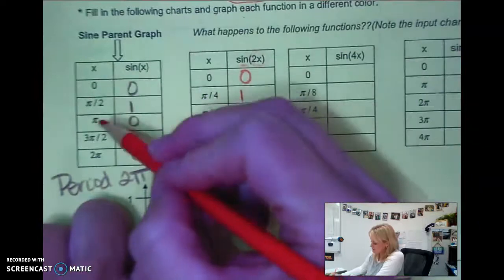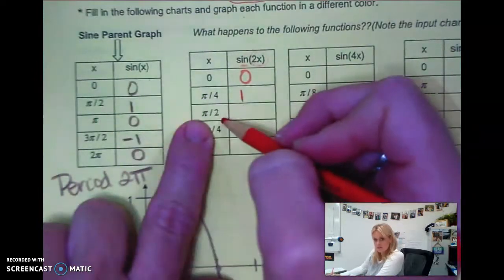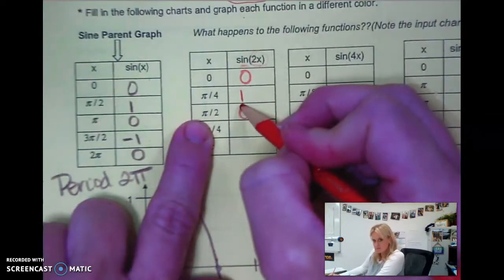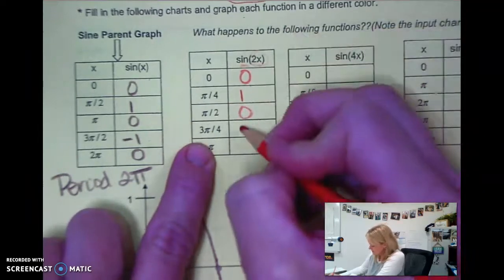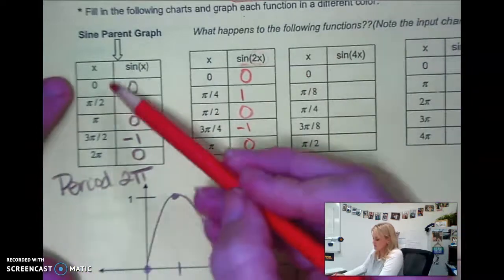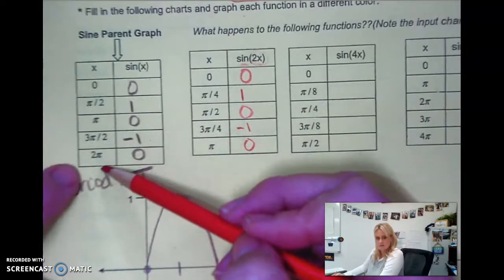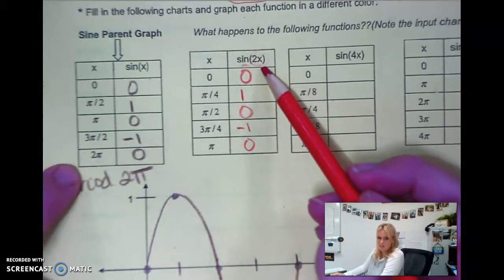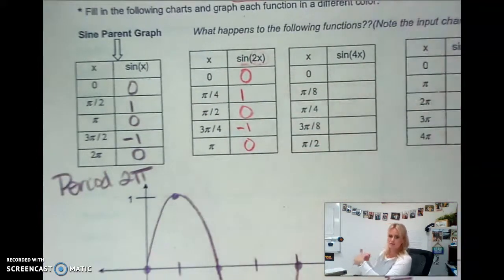How do I cut pi in half? Half a pi. We're back to 0, negative 1, and 0. So it's like taking all of our sine parent x's and we're cutting them in half because we're reversing it. We're trying to undo that times 2.